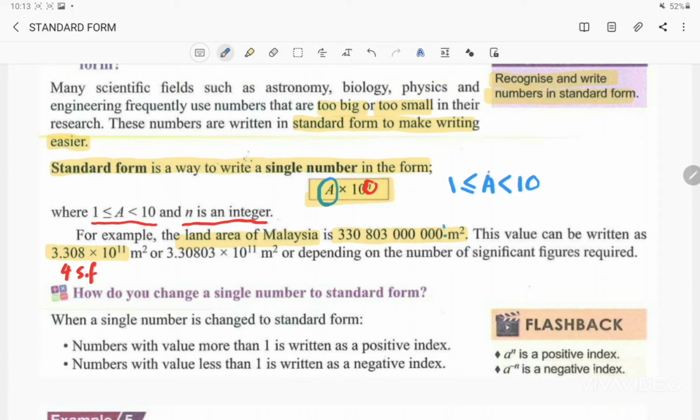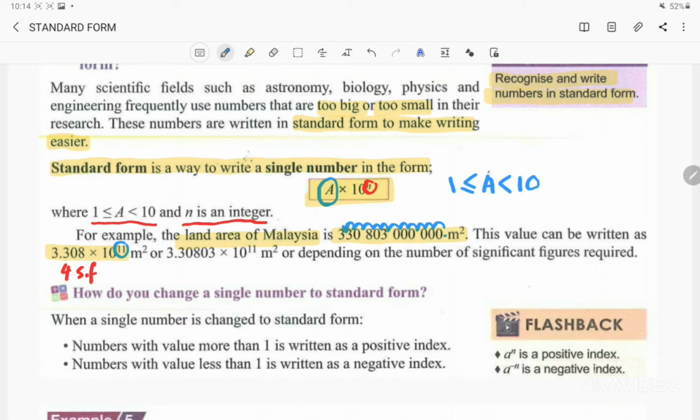So kita move 1, 2, 3, 4, 5, 6, 7, 8, 9, 10, 11. So kita move 11, the decimal point, to the left. So n akan equals to 11.